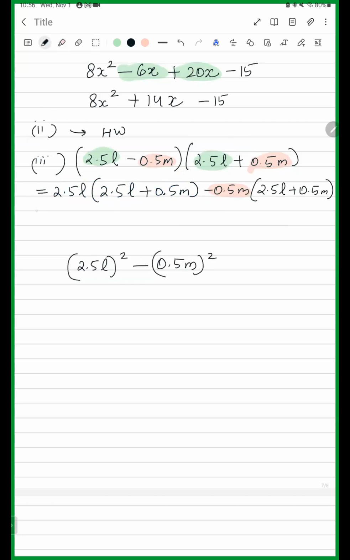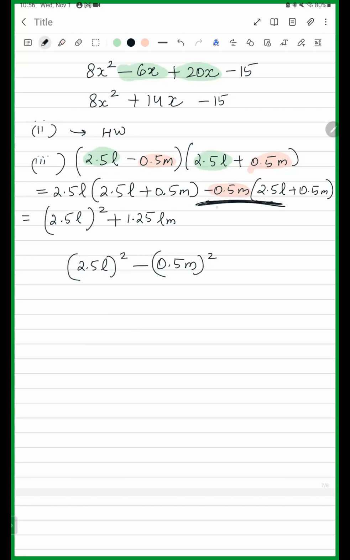Now, what is 2.5L into 2.5L? 2.5L whole square, right? Plus 2.5 into 0.5. What is 2.5 into 0.5? 1.25 LM. Now look at this.